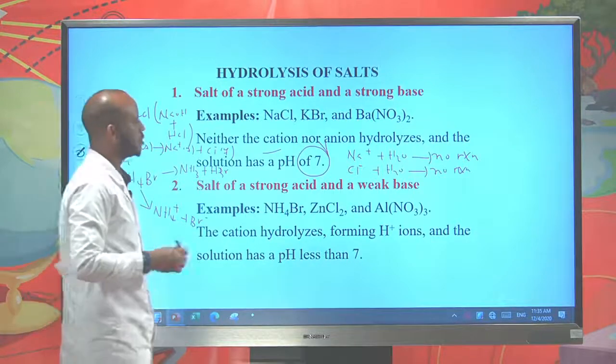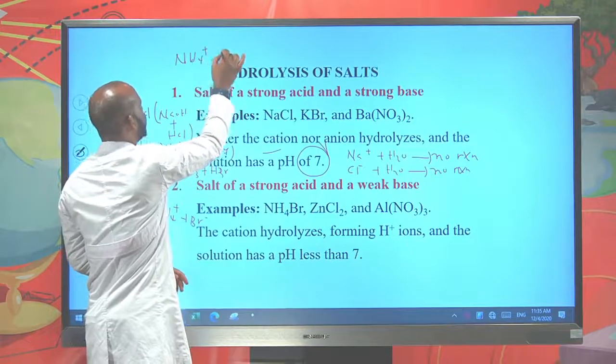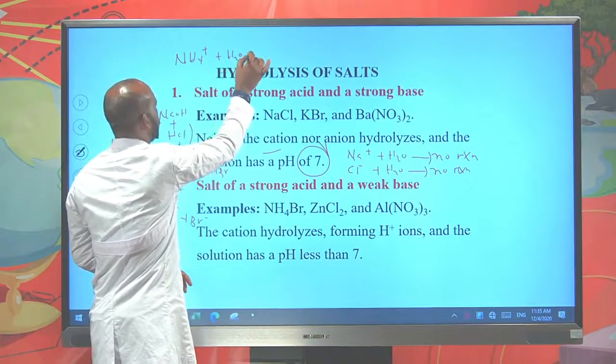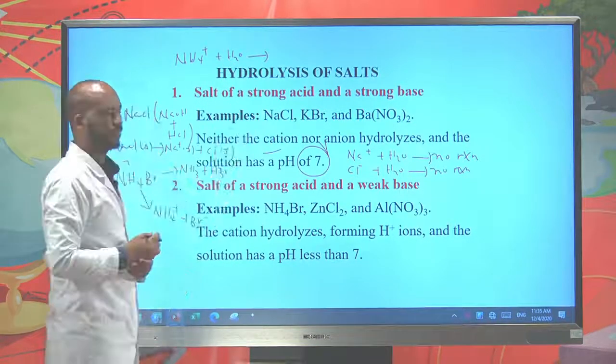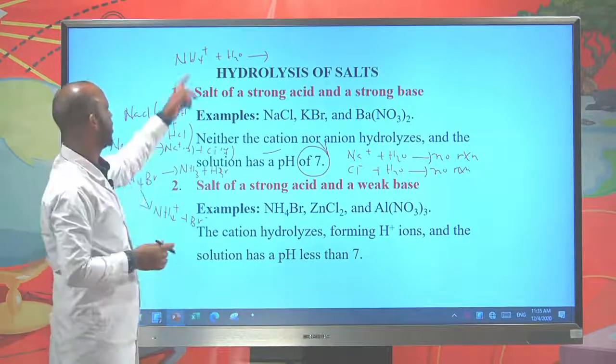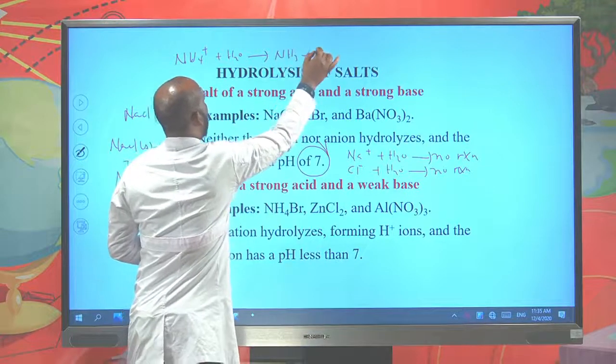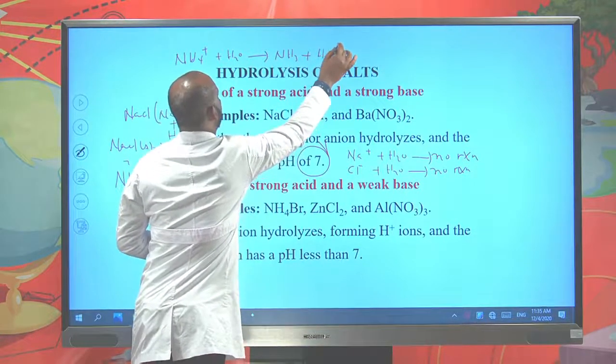Hydrolysis of a salt is the reaction of ions of the salt with water. Therefore, NH4 plus plus water, H2O liquid. Now this is an acid. Acids are proton donors. It gives ammonia, NH3, and hydronium ion, H3O plus.